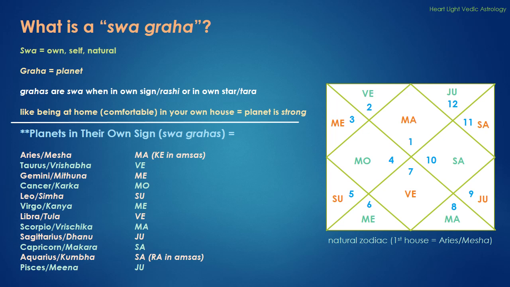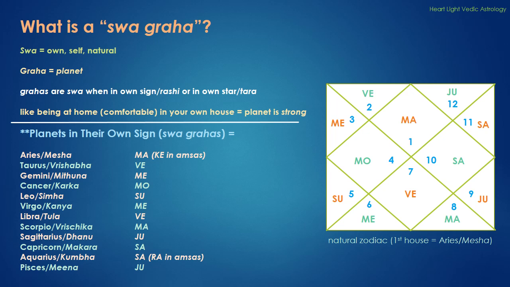So if you had a natural zodiac chart that you were looking at, and these particular planets landed in these constellations, then you would have a swagraha because it was a planet in its own house. If we look at the top and go around, we have Mars in the first constellation of Aries, and Mars owns Aries.